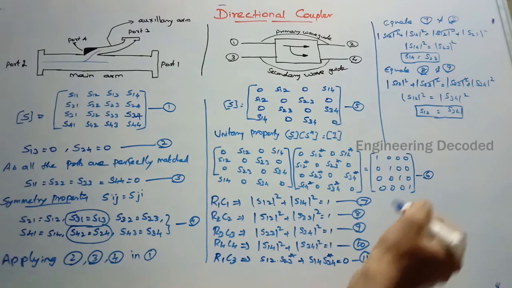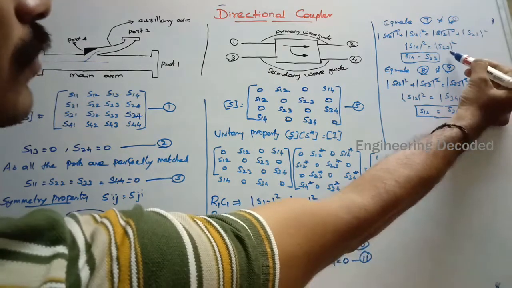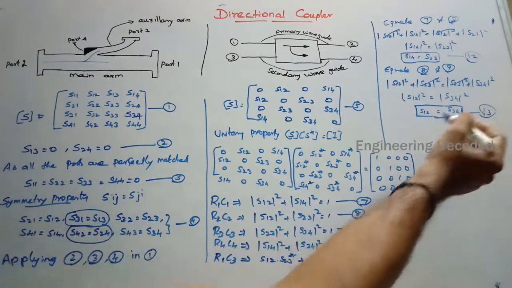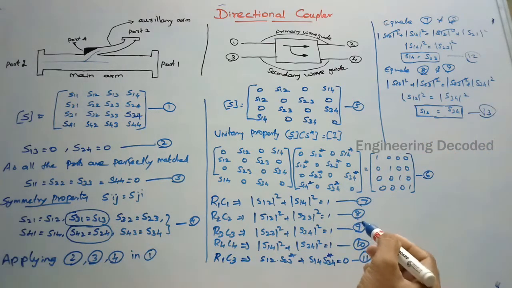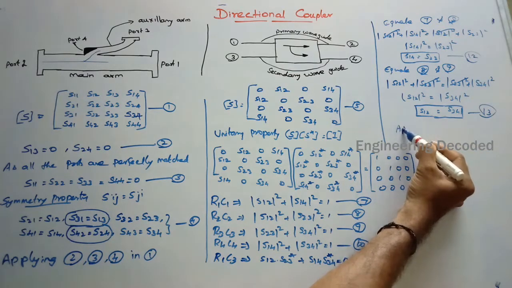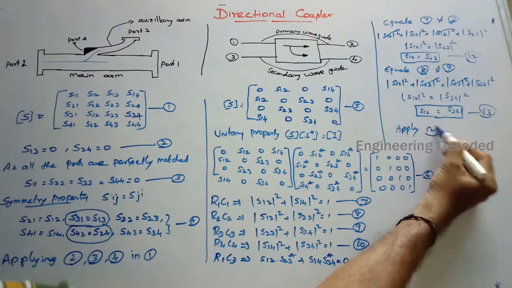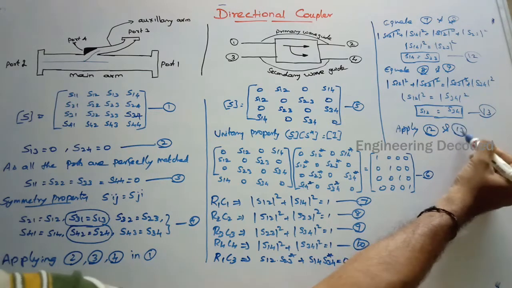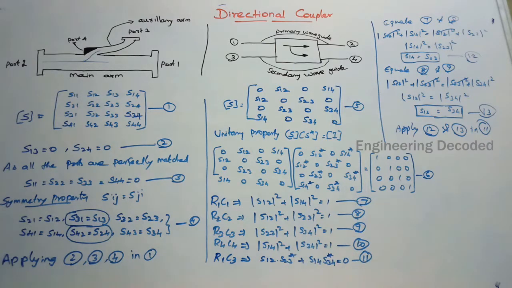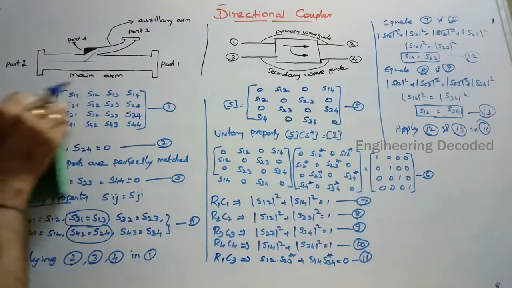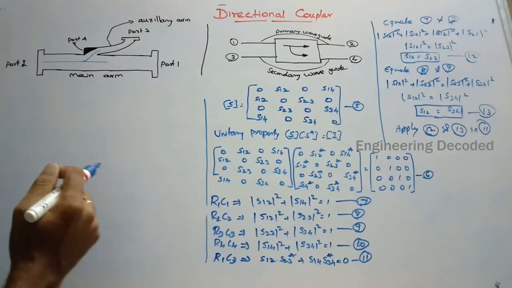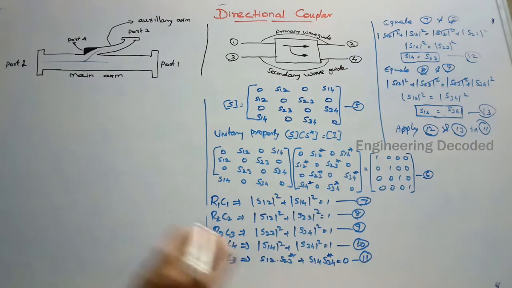Now we can give names: mark this one as equation number 12 and this one as equation number 13. Now apply 12 and 13 in 11. So we come to equation 11.